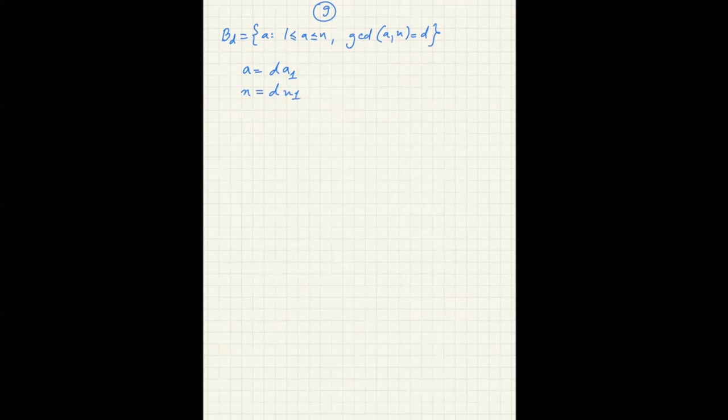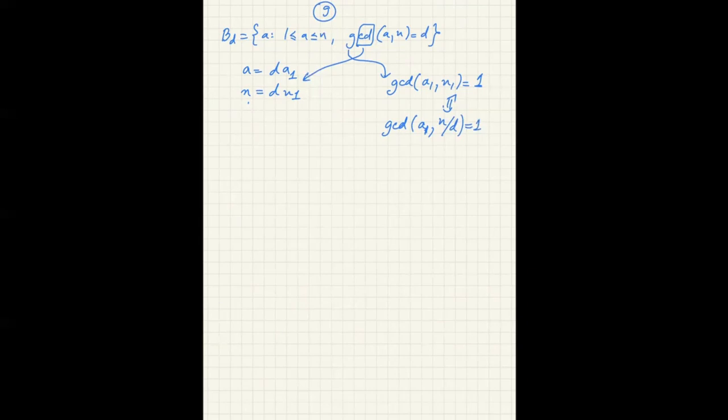That means the part of being a common divisor, that D divides both A and N. And the fact that it's the greatest common divisor means that the GCD of A_1 and N_1 has to be 1. Now, this is the same thing as the GCD of A_1 and what is N_1? N_1 from this equation is just N over D.